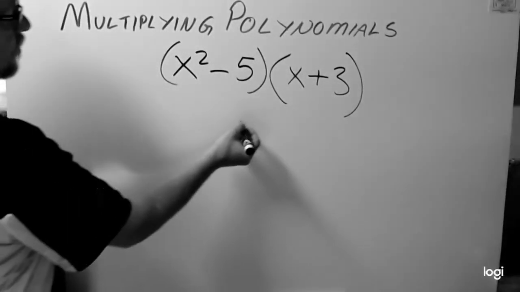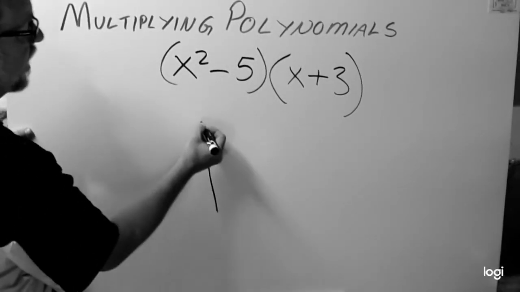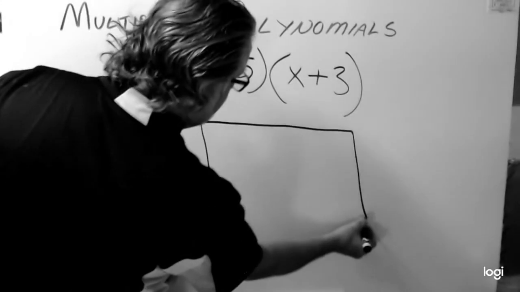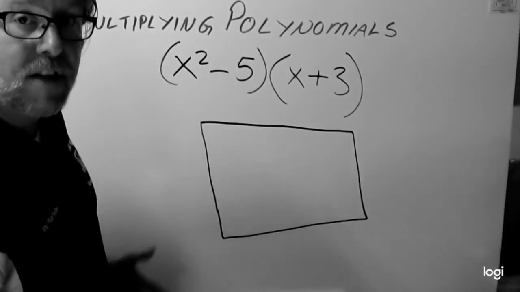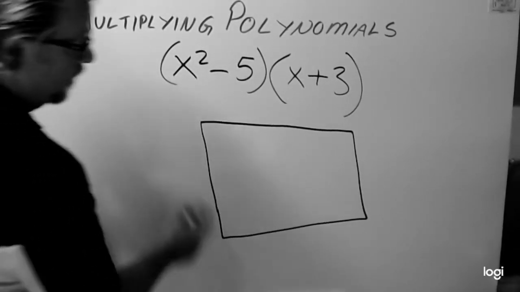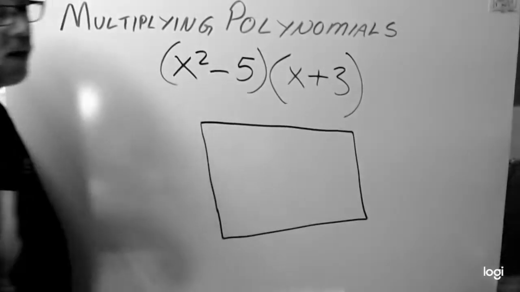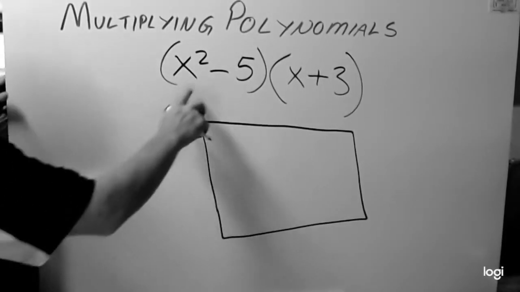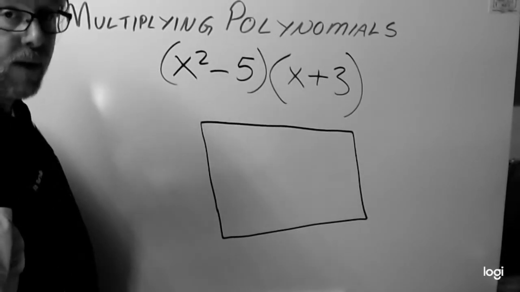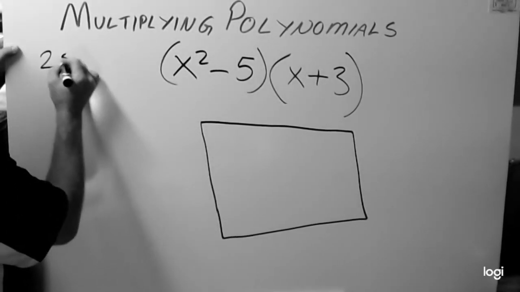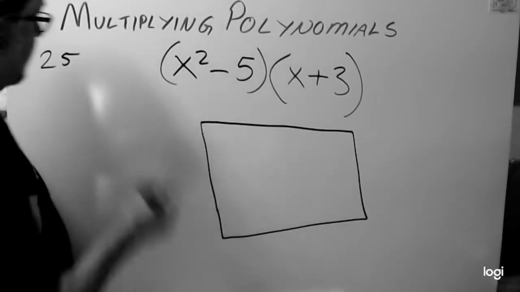So let's set it up with our area. I'm going to draw my rectangle or square, whichever you prefer. Just like you multiply length times width to find area, we have our length and we have our width. We can make this the length, we can make this the width, whichever you want. Think about it, x squared minus 5, this is how it relates to multiplying regular numbers. If I have 25, 25 is really made up of 20 plus 5.